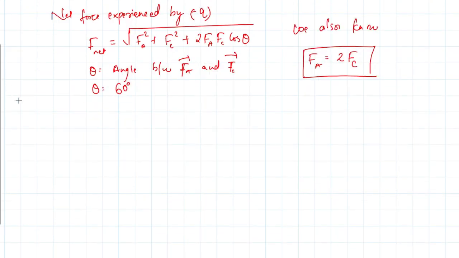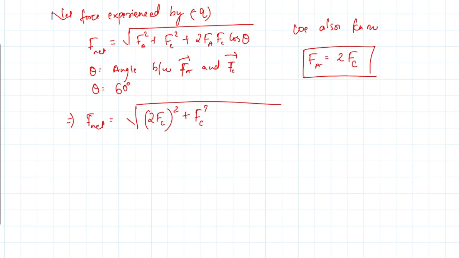F net will be the square root of 2Fc squared, because Fa is squared, plus Fc as it is, plus 2 times Fa, written as 2Fc, times Fc, and the cos in this case will be cos 60 degrees, which is nothing but half.